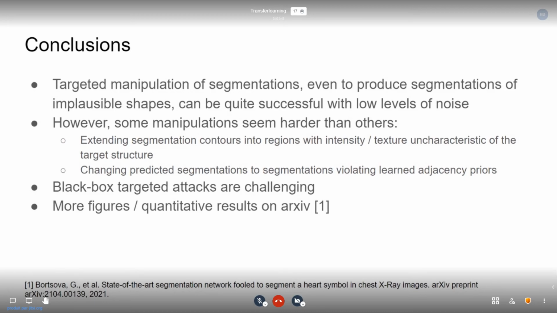If we generalize this a little bit, it seems like extending contours of organs into regions with intensity or texture that are not characteristic of that organ is harder. But then again, that didn't happen in every case.